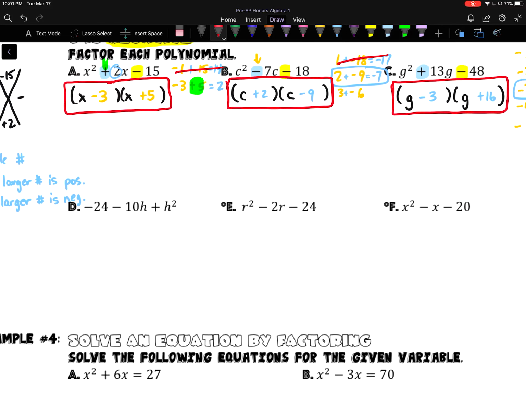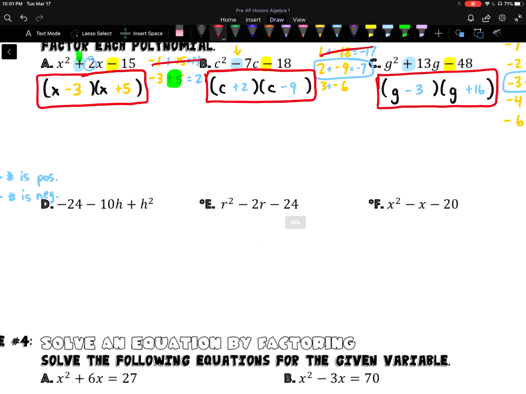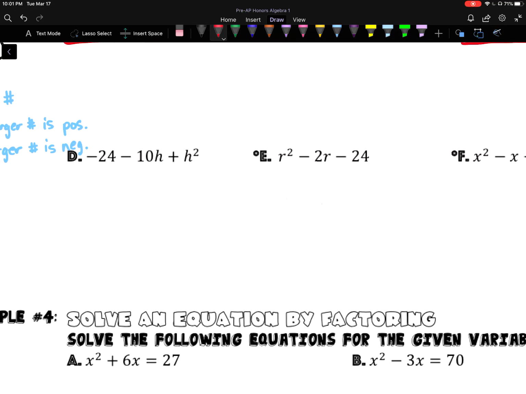And then finally in D, again, if you're uncomfortable here, please feel free to rewrite this. So that'd be h squared negative 10h, so minus 10h, and then negative 24 would make that minus 24. So multiplying to a negative, so only way to get to h squared is h times h. Those go in front of both. Multiplying to a negative, like we said, adding to a negative, so that means my larger number has to be negative.